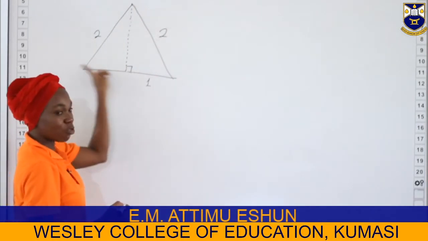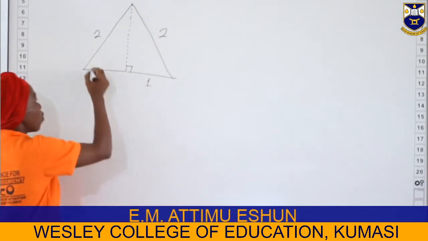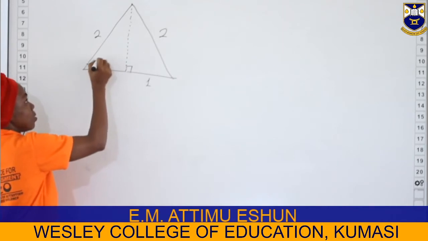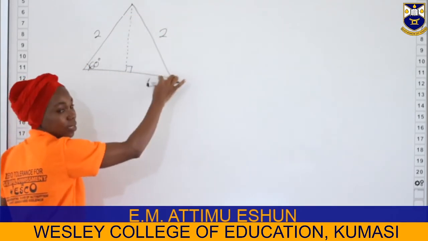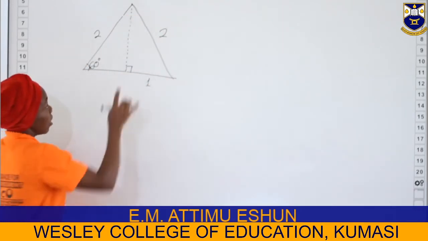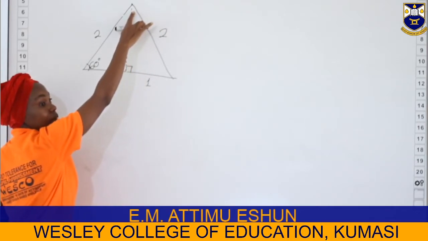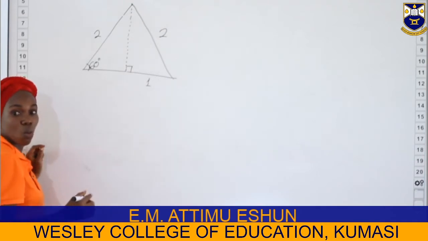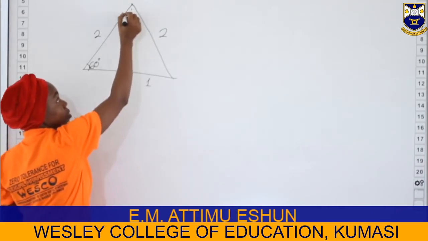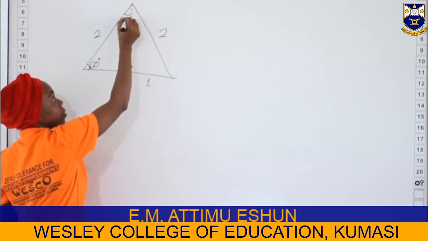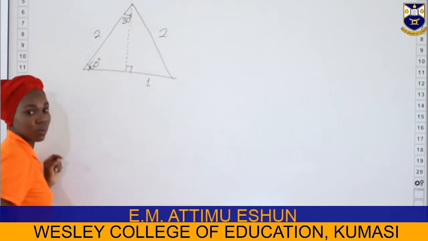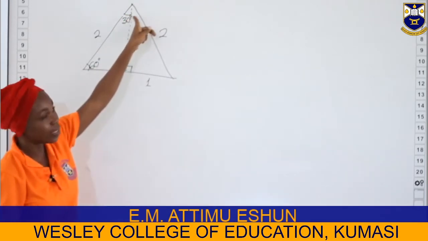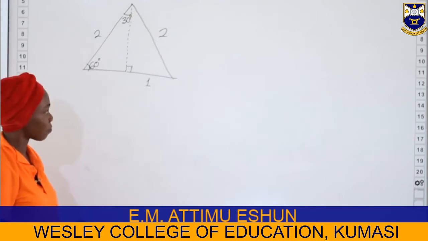For the equilateral triangle in general, we will have 60 degrees, 60 degrees, 60 degrees. This altitude will divide the angle at the top into 2 equal parts. So 60 degrees into 2 parts will give us 30 degrees on one side, 30 degrees on the other side.